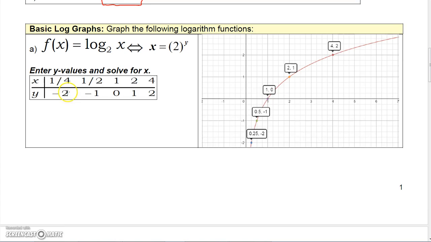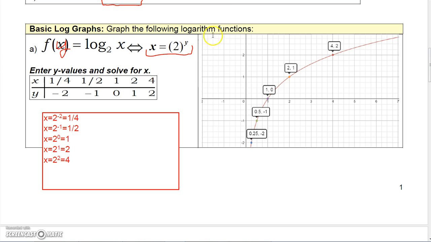Now as far as graphing logs, the easiest way to graph logs is this. Since this is y, we can say this is y equals log of x base 2. We can actually write this in exponential form and say 2 to the y equals x, or x equals 2 to the y.